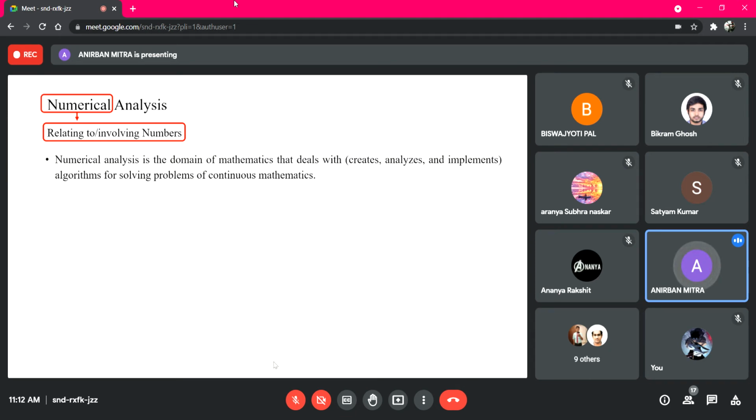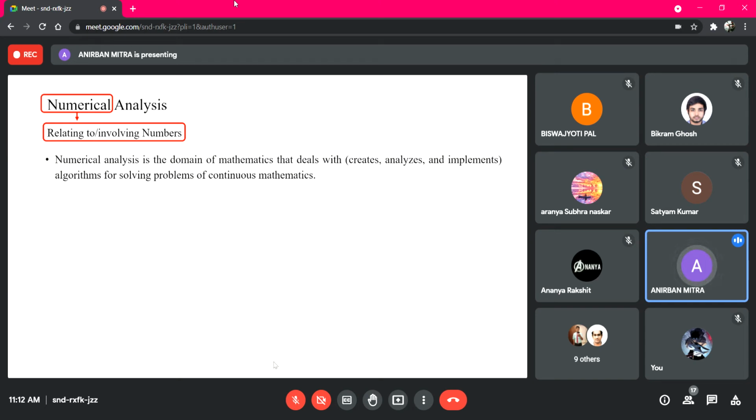On the other hand, in case of discrete mathematics, we work with distinct values or discrete values. And given any two points, there aren't any infinite number of points between them. You can think of a finite set of objects. So basically, the natural numbers are the domain of discrete mathematics.